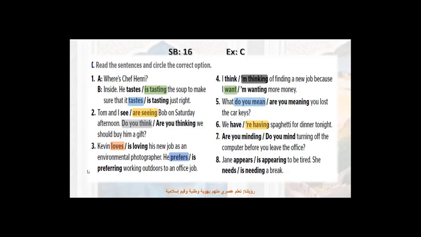We are having spaghetti for dinner tonight. Do you mind turning off the computer before you leave the office? Jane appears to be tired. She needs a break.